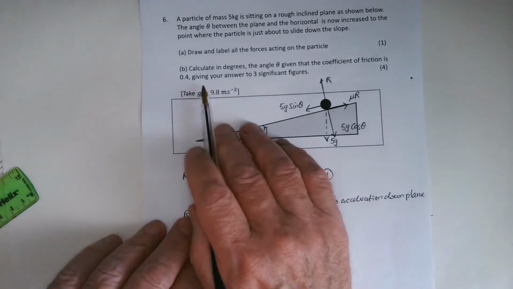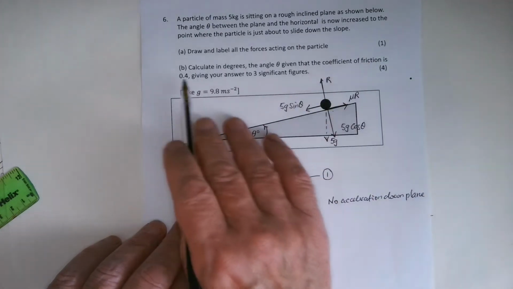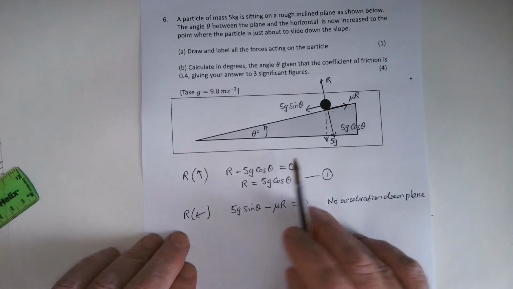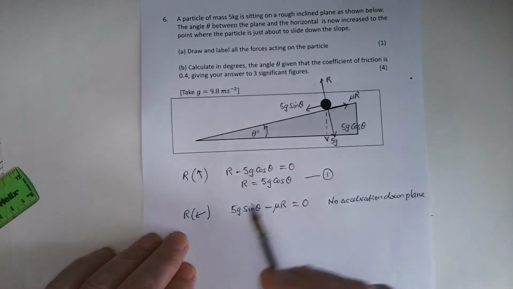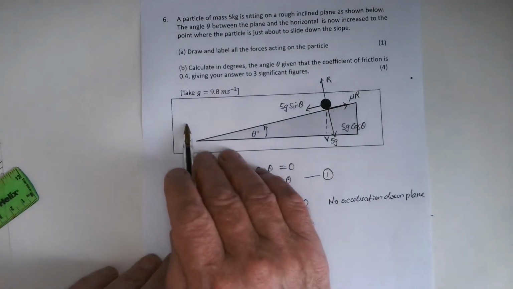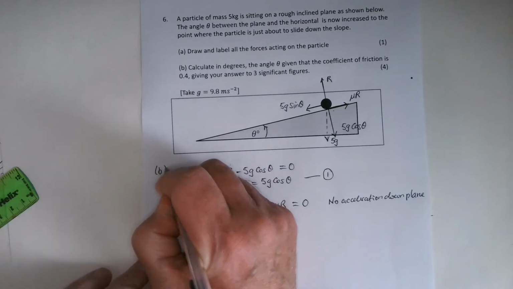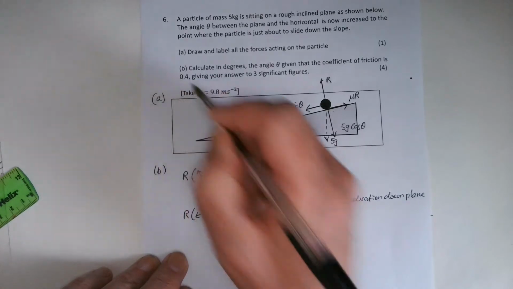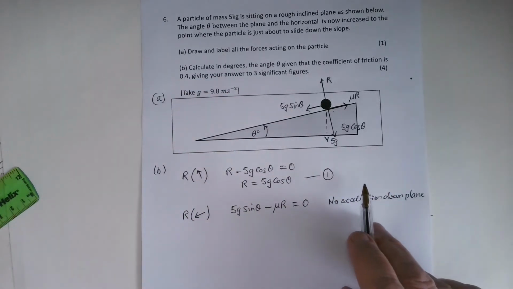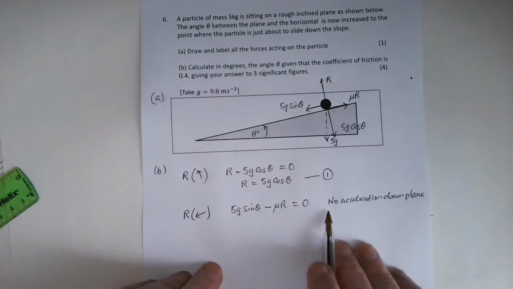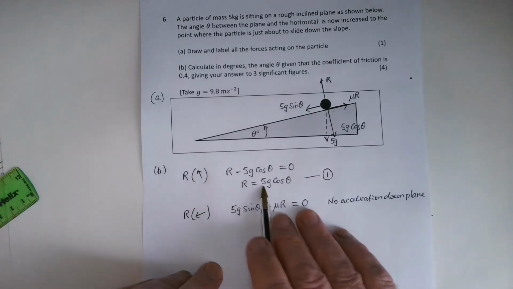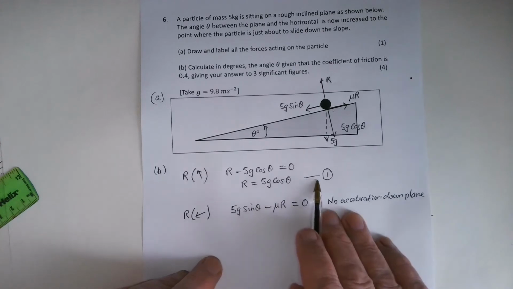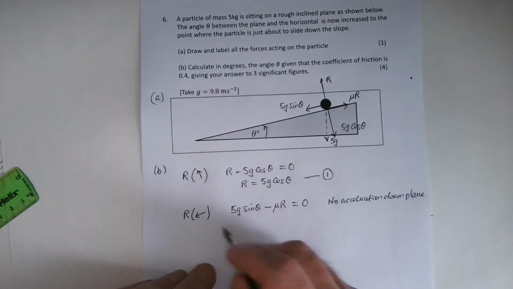Right, now we know that the coefficient of friction is 0.4, and by the way, this is part B of the question. Part A was to draw all the forces, so we've done part A up there. Now part B, we can plug in 0.4, and we know that R is given by this expression from equation 1.